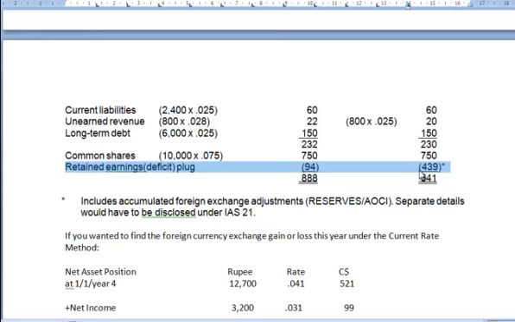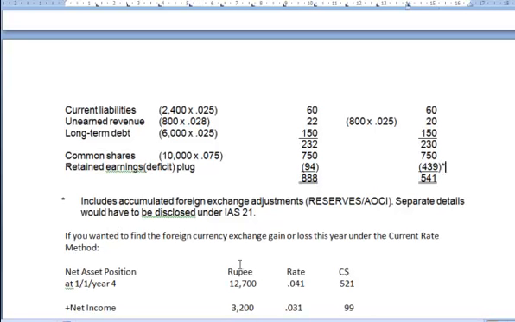If you made the assumption that the AOCI balance was 0 at the beginning, then what you could do here is split that up, and you could say, well, if you were doing the balance sheet now, I might have that set up a little bit differently.